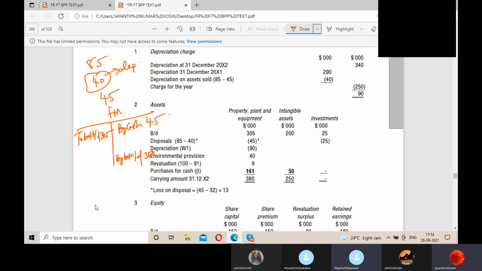Depreciation to asset, correct? 90. So fixtures and fittings is also a part of your property, plant and equipment. So we'll take the depreciation here. By depreciation, 90. Please understand very easily. The things can be understood, and it's very easy to understand.